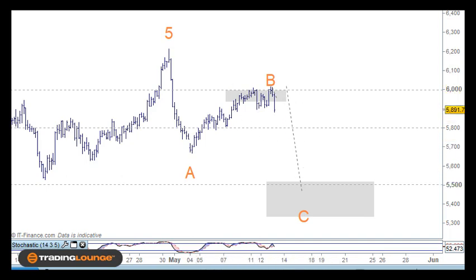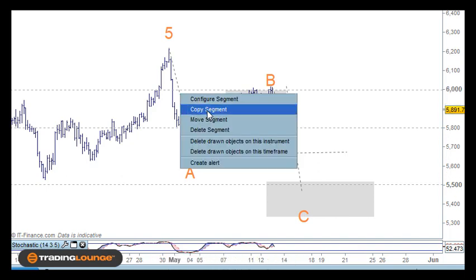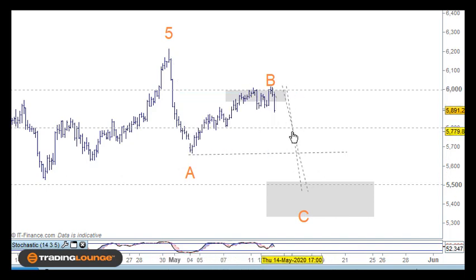So at minimum, we can expect the market to move down to the wave A here. And then the next thing we can do is also expect some equality within the structure as well. But we could also get this length here plus another 61.8%, which will take us down into this space here.